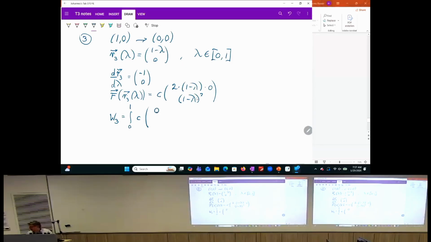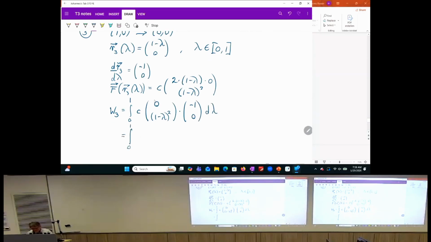The x component here is times 0, so it's overall 0. We have here 1 minus lambda squared. And then we take the inner product with the tangent of the line element, that is minus 1, 0, integrating over lambda. So this one times this one is 0, and this one times this one is also 0.